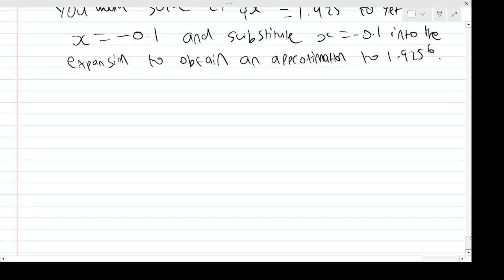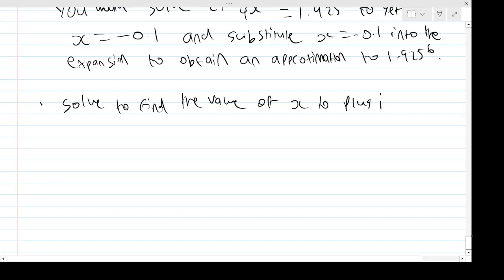So hopefully you get the main gist then. So really the main idea with these sort of questions is you solve to find the value of x. And what I mean is solve the brackets, the value of x to plug into the expansion to find an approximation.